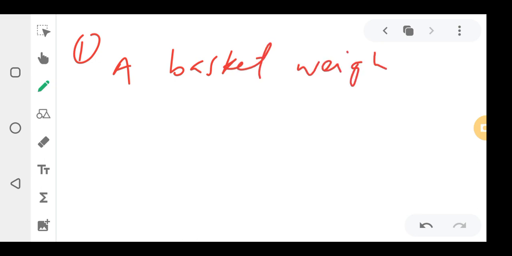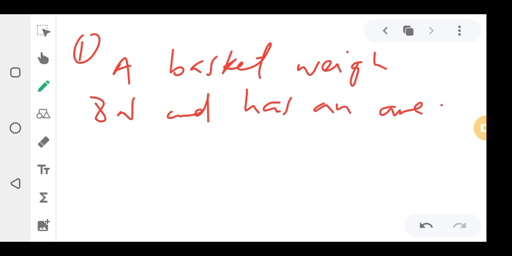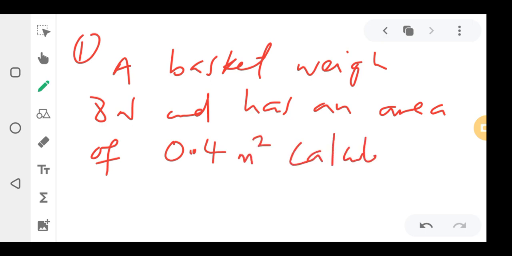In case, let's say, a basket weighs 8 newtons and has an area of 0.4 square meters. Calculate the pressure.